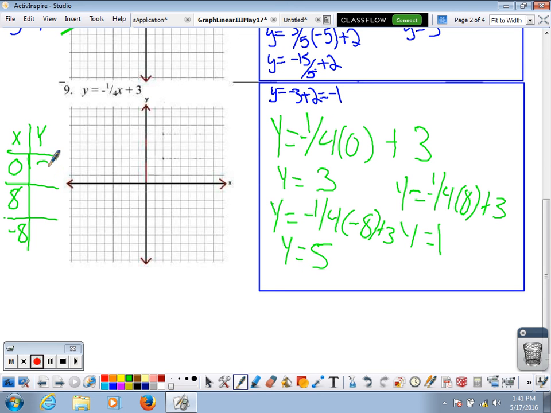Good. Now, when x is 0, y is 3. When x is 8, y is 1. And when x is negative 8, y is 5. Okay, very good. Now plot those points.